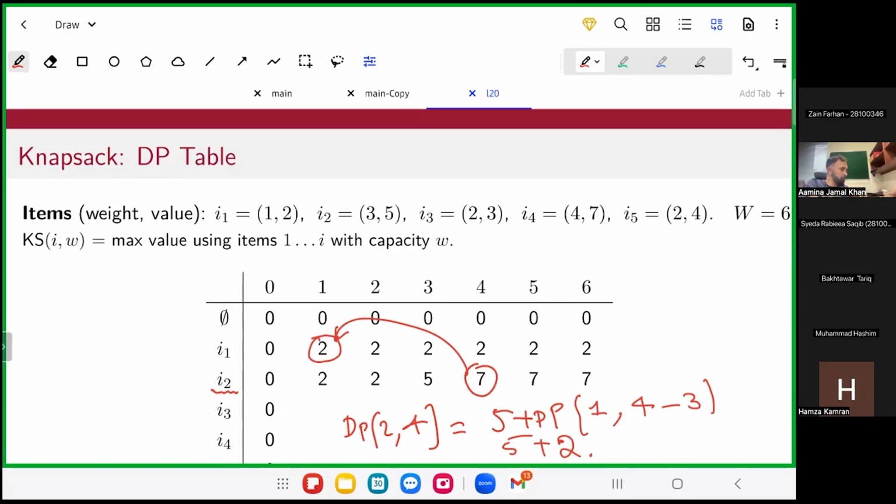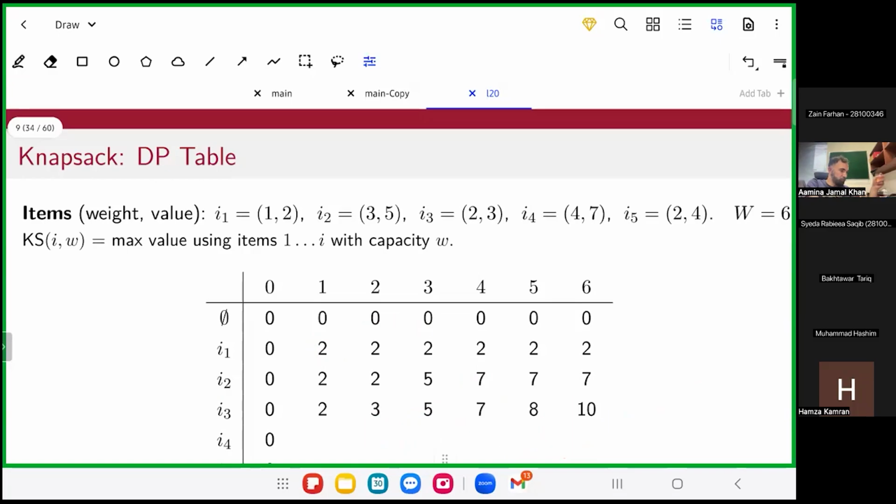I think the next interesting thing happens in the next row. Where? Okay, maybe here, I guess. I don't know. Let's see. So here at this point, this is dp of 3 comma 6.